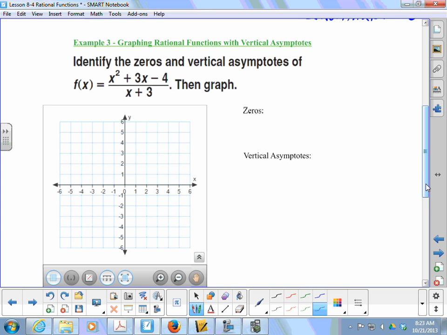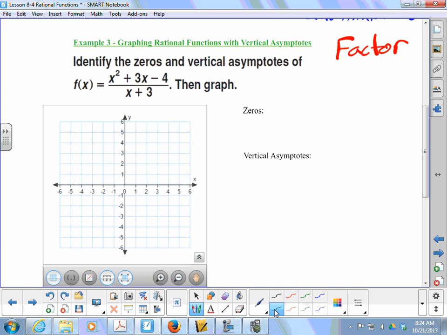Now, just like we did when we were adding, subtracting, multiplying, dividing, the first thing we usually did was what? What, Colin? Factor. Okay, so the first thing we want to do is factor. So in this case, I can factor the numerator, but the denominator is just a linear anyways.